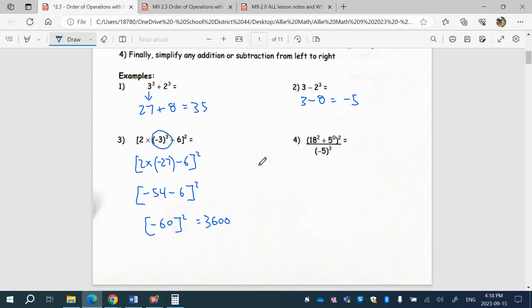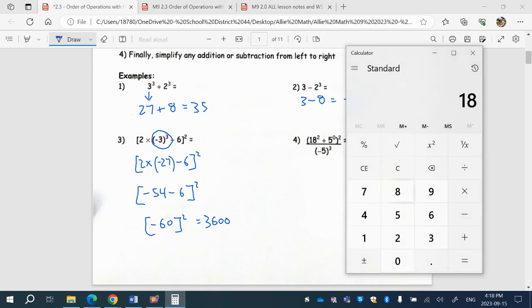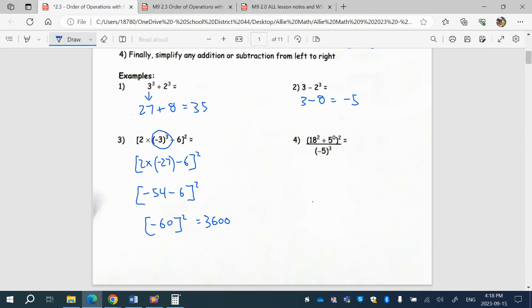I'll do the last one. Let's solve the top and then square it, and then solve the bottom and deal with the fraction last. So 18 squared, let's do 18 times 18 equals 324 plus 5 to the power of 0.